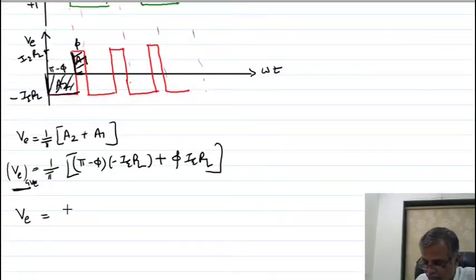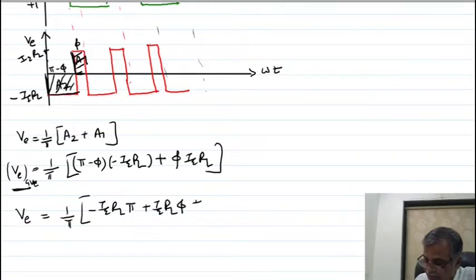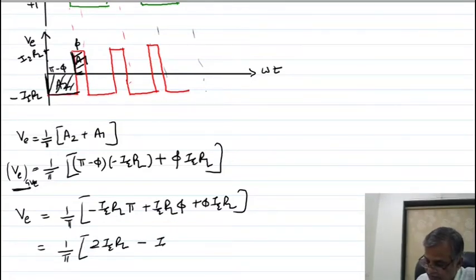Output voltage is 1 upon pi, minus IRL into pi minus phi, plus IRL into phi, so that is minus IRL into pi plus IRL into phi plus phi into IRL. So I can write it as 1 upon pi, 2 IRL phi minus IRL into pi.